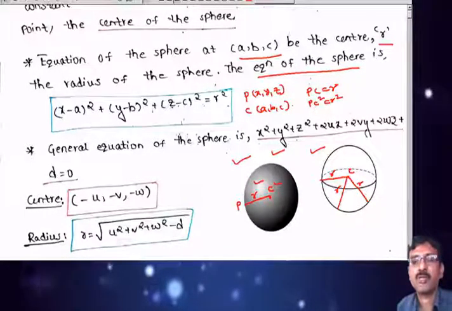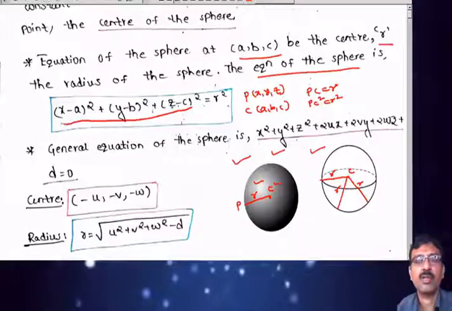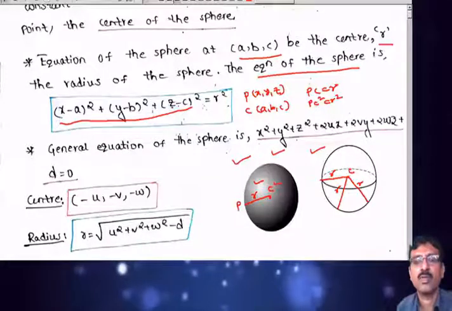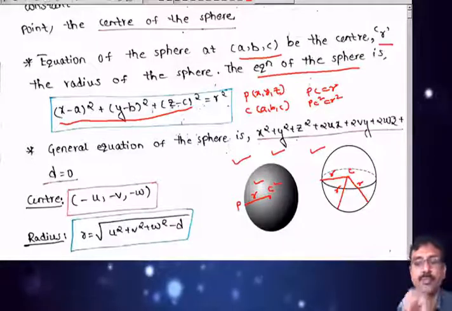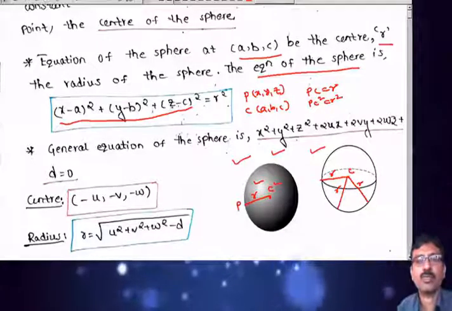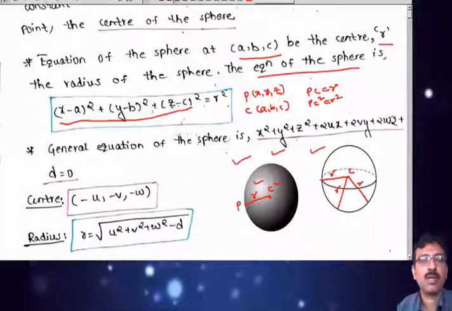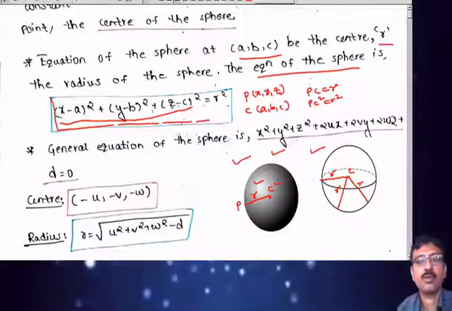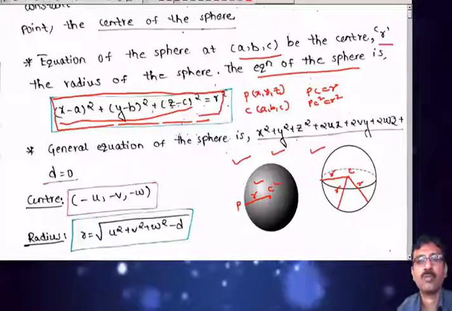The PC square is the left side, the distance between P and C whole square, equal to R square. It is very easy to derive the standard equation or general form of the sphere. Here we have to memorize the equation of the sphere.